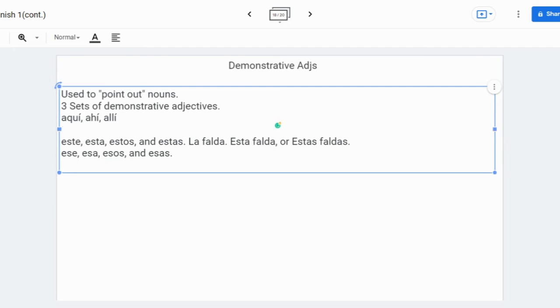However, we can move on to the third set, which is used for allí. This one is a lot more different. It's aquel, aquella, aquellos, and aquellas. That's the third set. They're used with allí, which means very far.